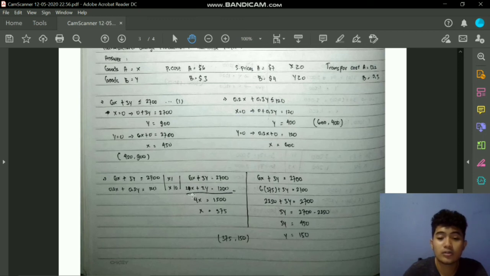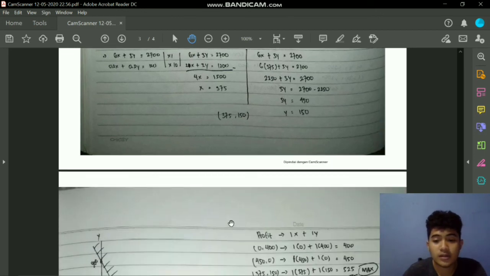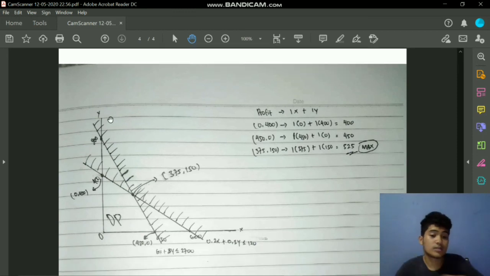Subtracting them, we get 4x equals 1500, and x is 375. We substitute x into 6x plus 3y equals 2700, and we get y equals 150, and we get the coordinate 375 and 150. So we make this graph.